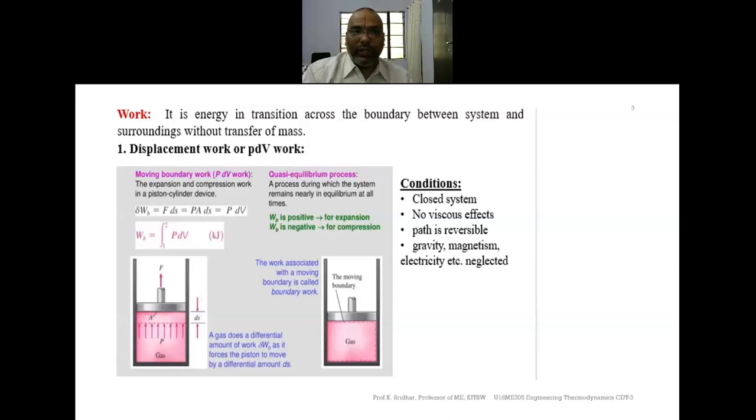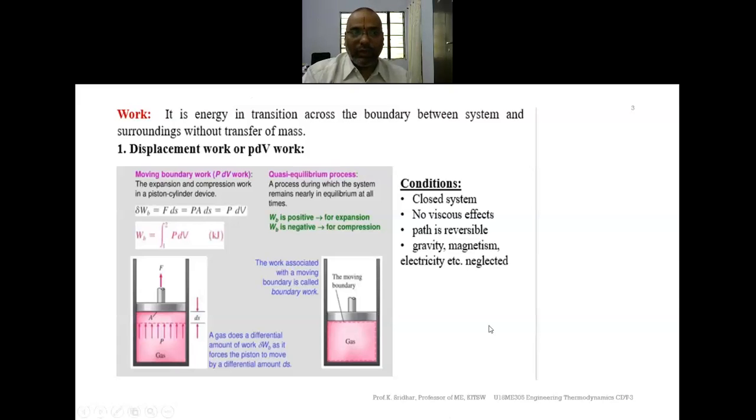It is energy in transition across the boundary between the system and surroundings without the transfer of mass. That is how, in engineering thermodynamics, we define work. So just now I told you that work is basically defined as force into displacement.